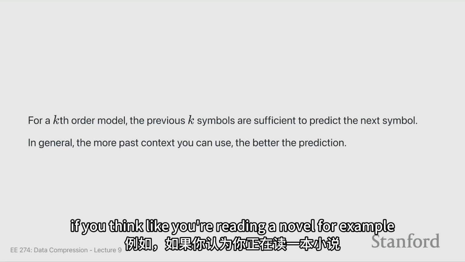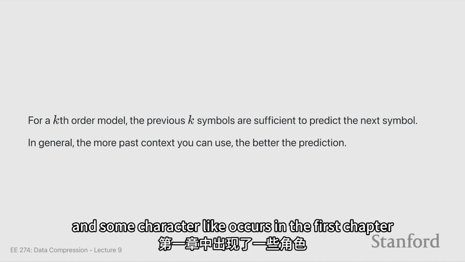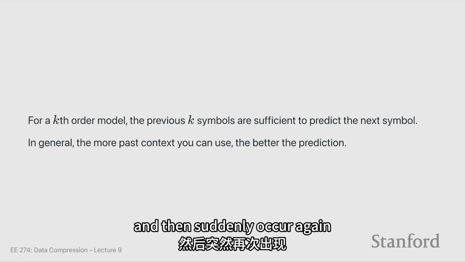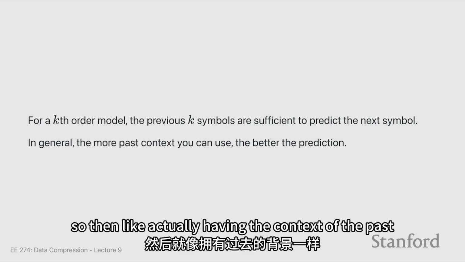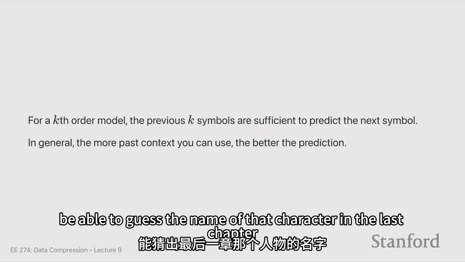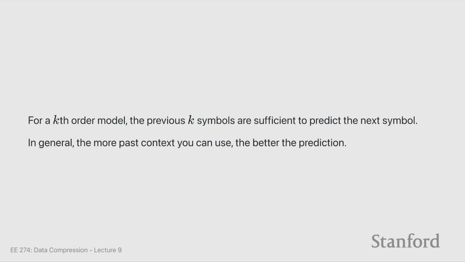If you think about reading a novel, for example, some character occurs in the first chapter, and then they might not occur for the last five chapters and then suddenly occur again. So actually having the context of the past six chapters is important to be able to guess the name of that character in the last chapter.